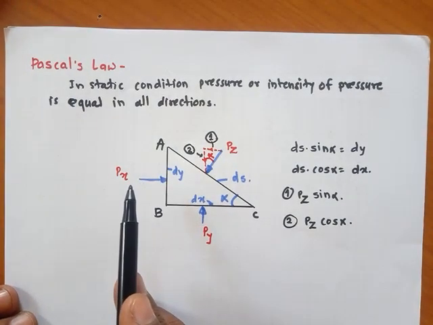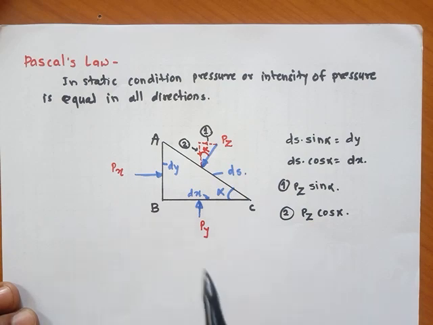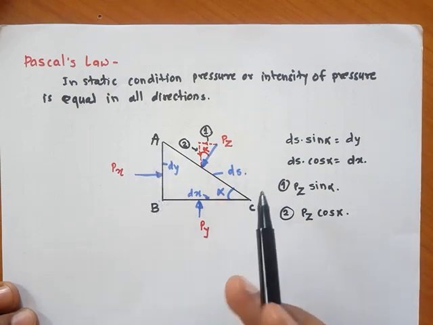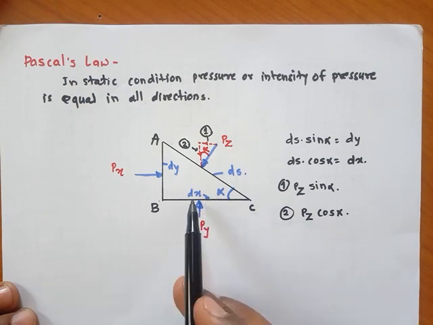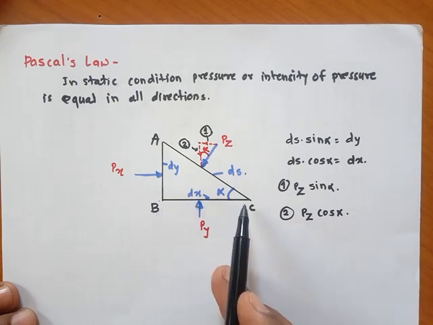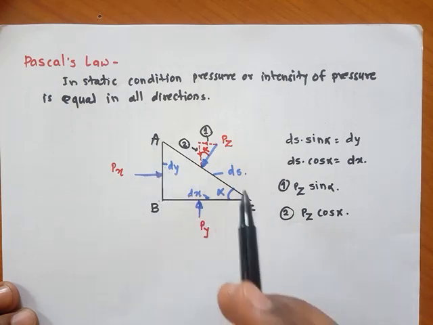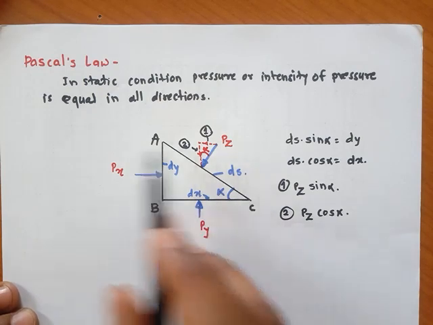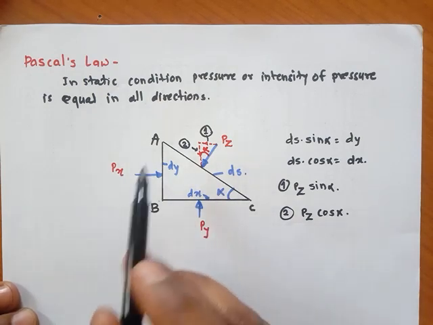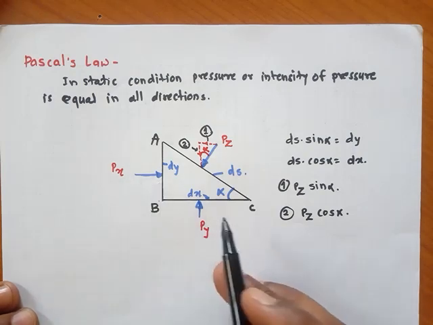To prove this Pascal's law, we have considered a wedge shaped fluid element A, B, C, D. It has angle alpha and very small dimensions dx, dy and ds. dx is the BC distance in x direction, dy is the AB distance in y direction, and ds is the inclined distance of AC. On the AB side, Px amount of pressure will be applied in x direction.